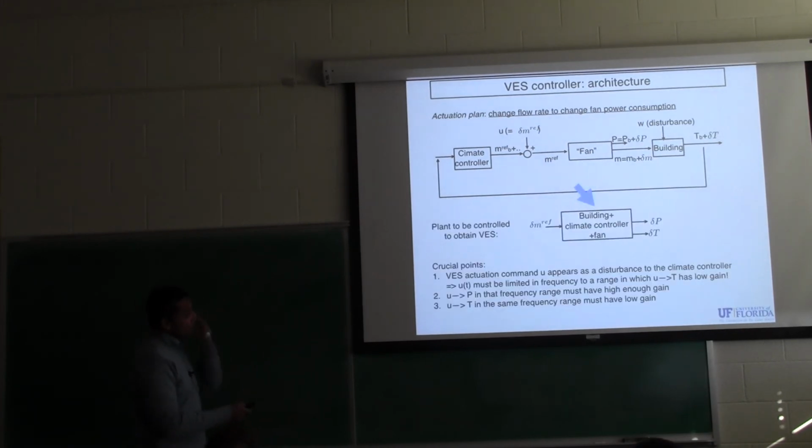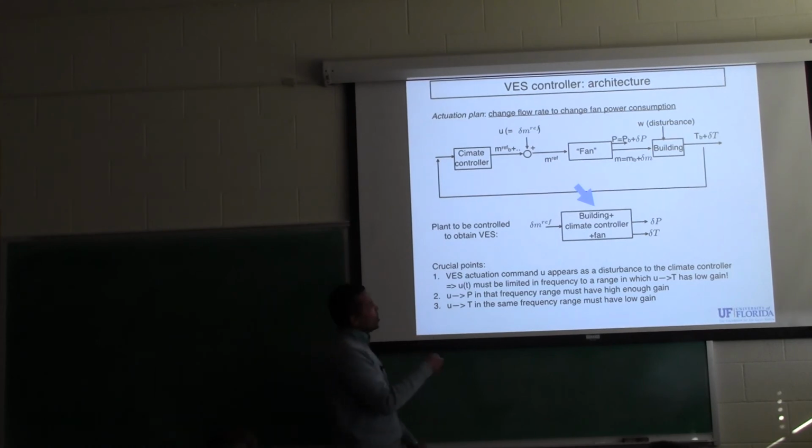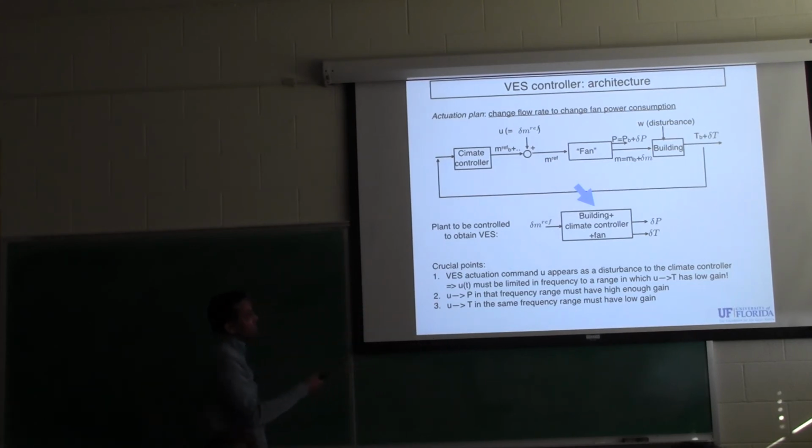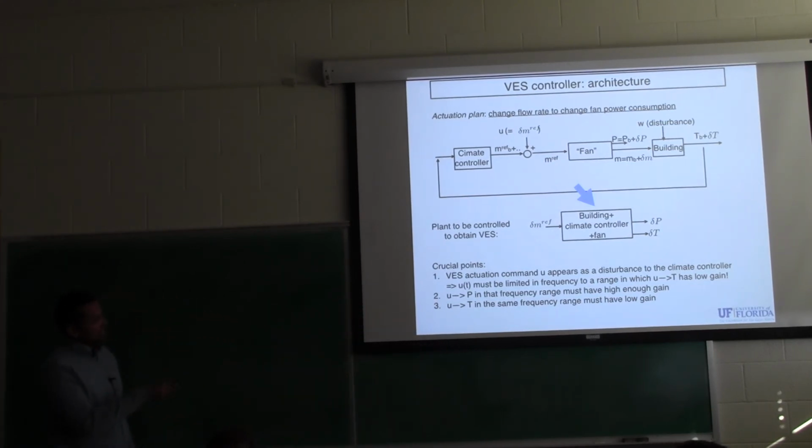So now our actuation is going to be this reference for the airflow. We're going to change that, a change in the reference for airflow. That is going to lead to a change in the power consumption. We still have to measure it, right, somehow. And it's going to lead to a change in temperature. So our goal is to make sure that this change in power consumption tracks whatever the grid is asking for, and this change in temperature is really small.